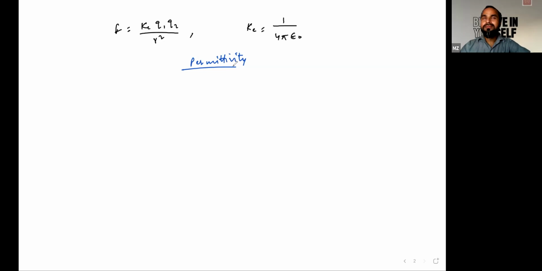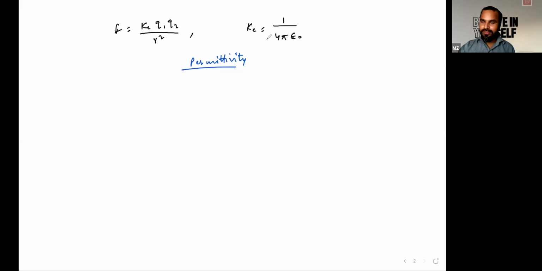It defines the effect of the medium on the force between two charges. Whether it increases the force of interaction or it decreases the interaction. So it can be both in different cases.